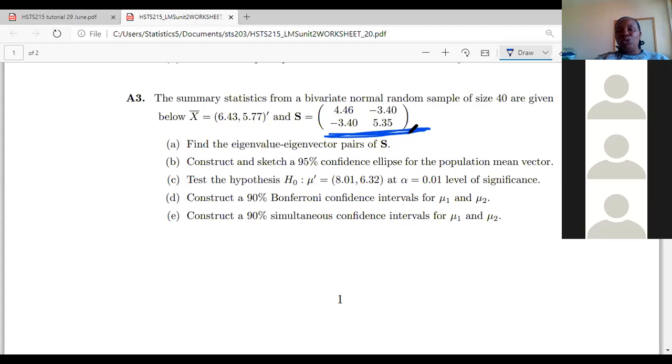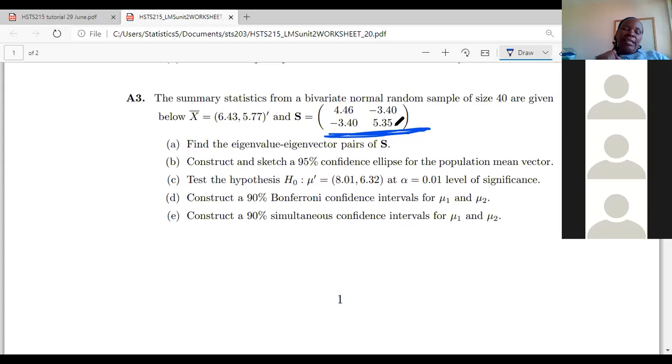But take note, when you find the eigenvalue, eigenvector pairs, we want the eigenvectors to be orthogonal. Like in the example we did in the notes, it was a 2 by 2 matrix, and the eigenvectors you get directly, even if you normalize, are not orthogonal.